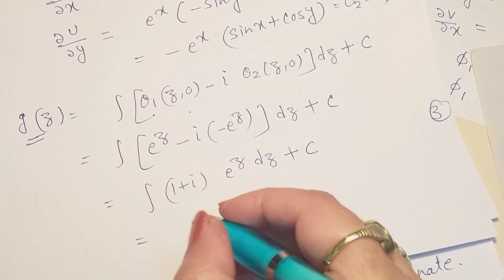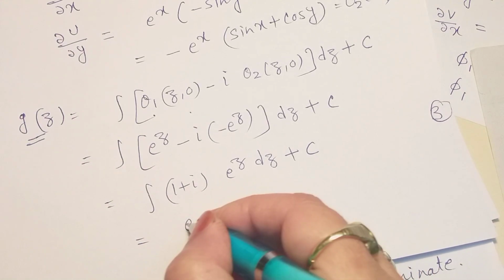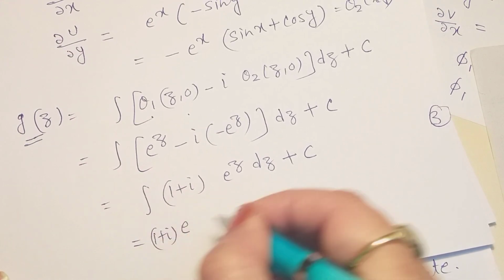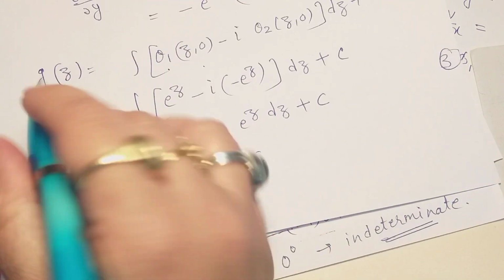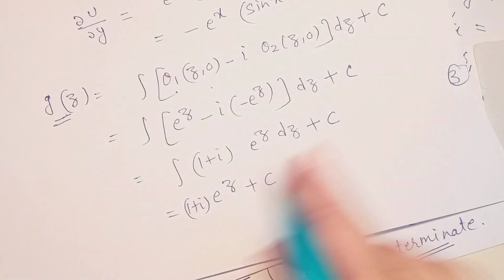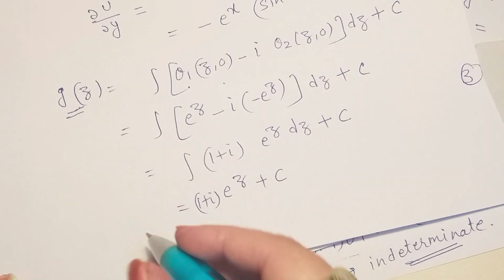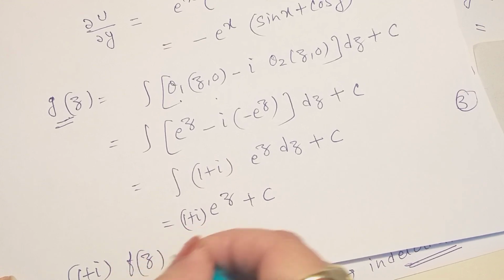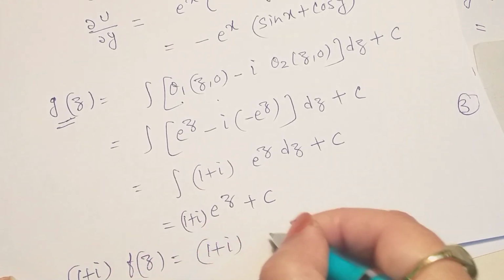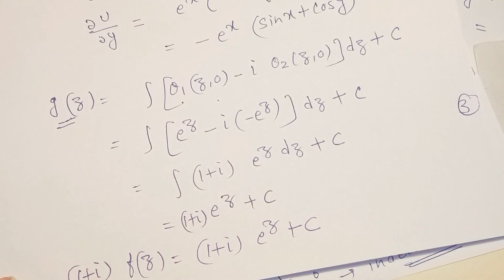After integration we will get 1 plus iota e to the power z plus c. Now we put the value of this g(z) here. g(z) is equal to 1 plus iota f(z) is equal to 1 plus iota e to the power z plus c.